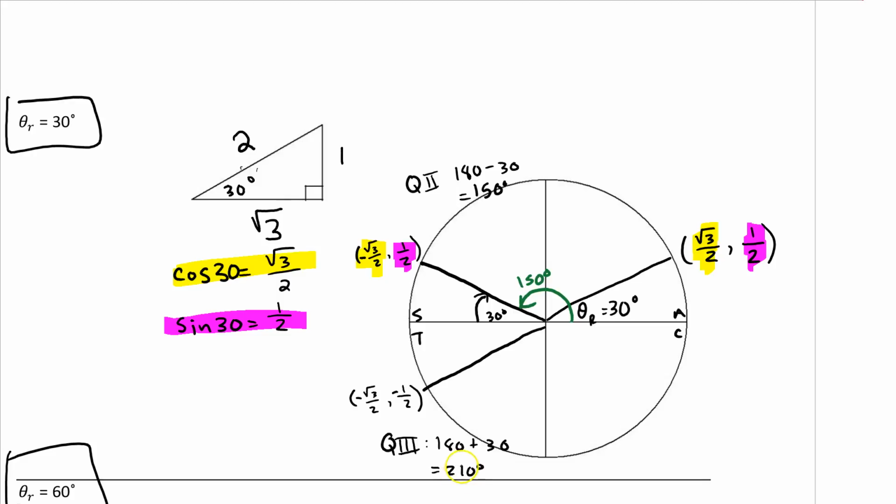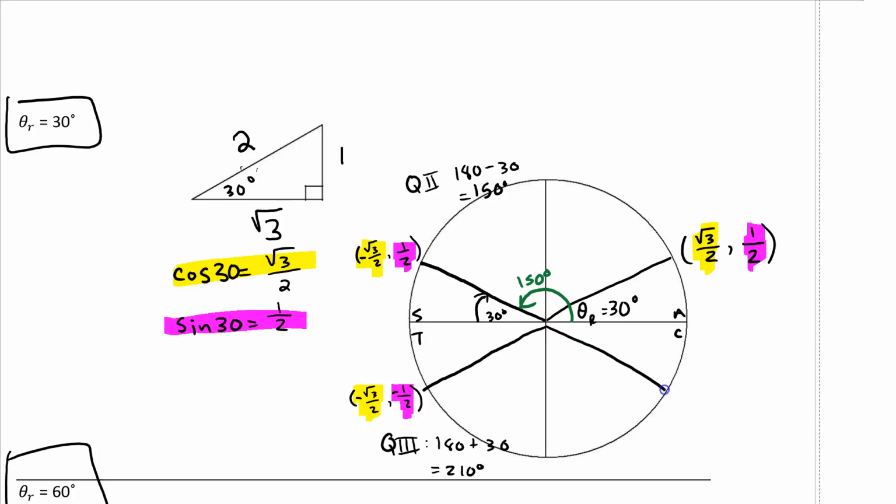Now do it in your calculator. Put in what is the cosine of 210. Well, the cosine of 210 is going to be negative root 3 over 2, or in your calculator it will be the decimal equivalent of that. And the sine of 210 is going to be negative 1/2.